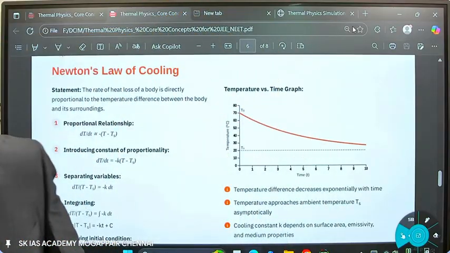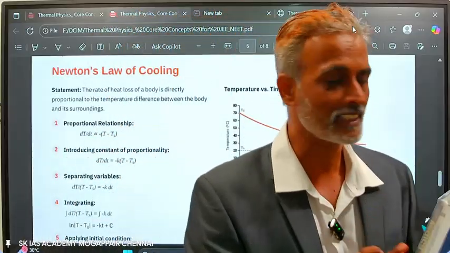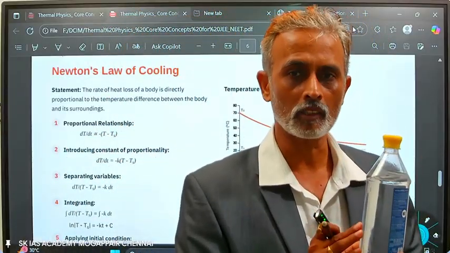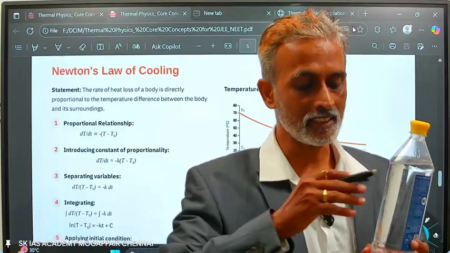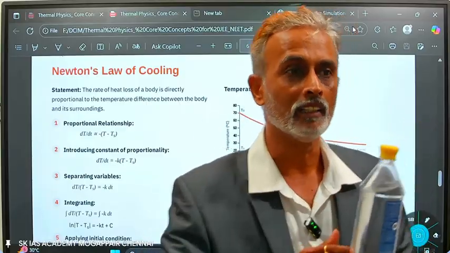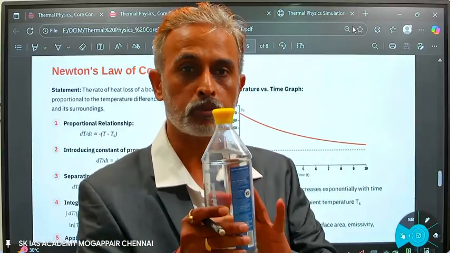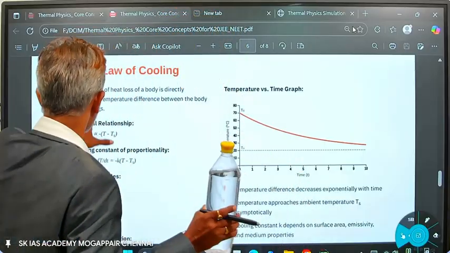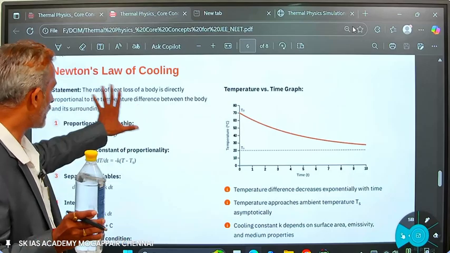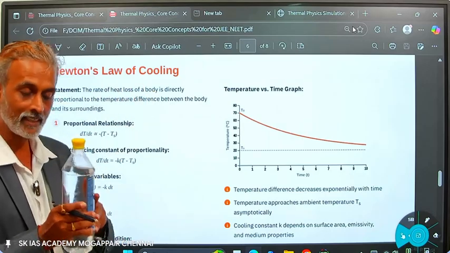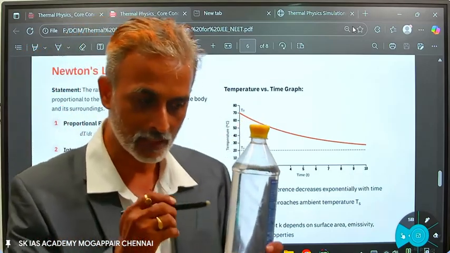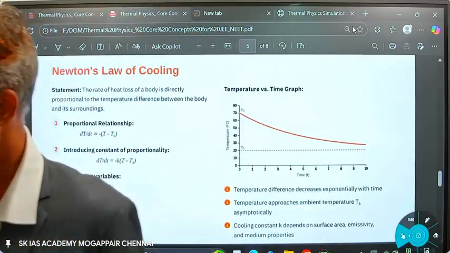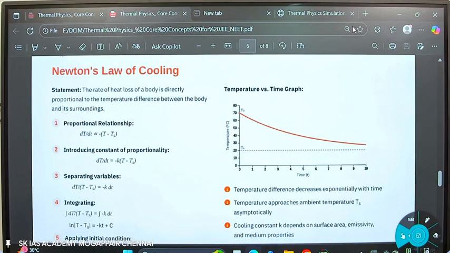Suppose this is hot water, inside the hot water. Slowly it is going to cool. So this is Newton's law of cooling. Understand?